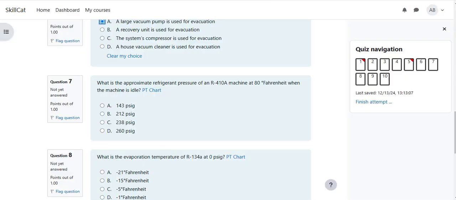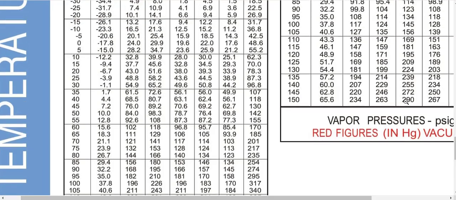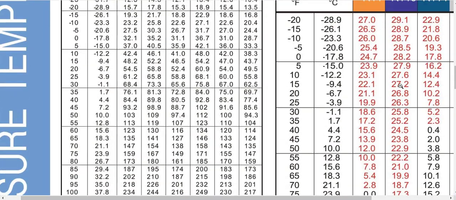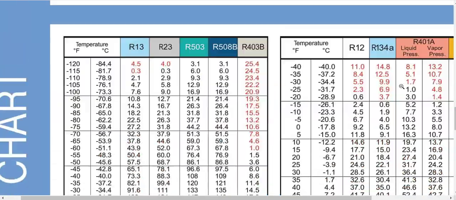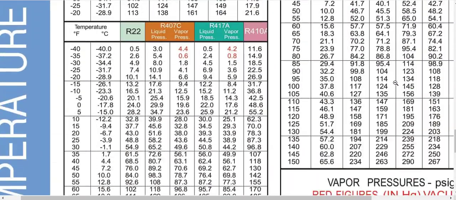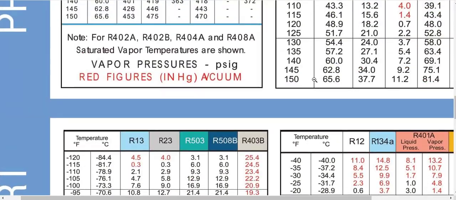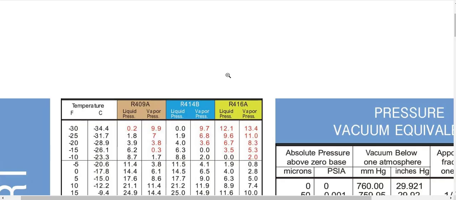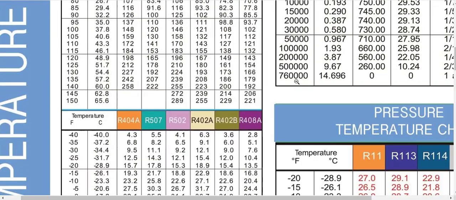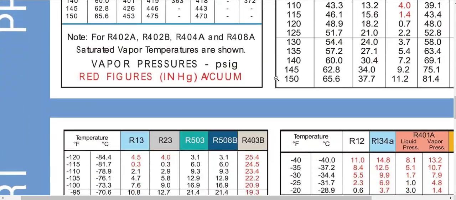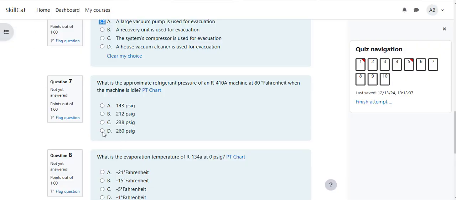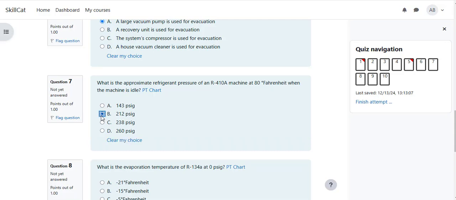Yeah, 410 if the machine is idle. I'm not sure of this one. Let's select one.